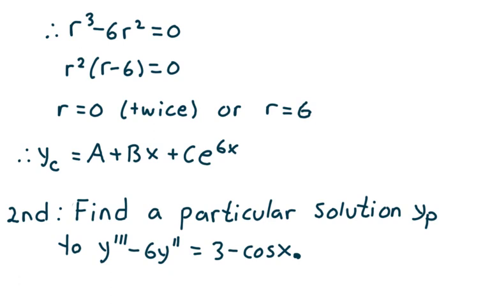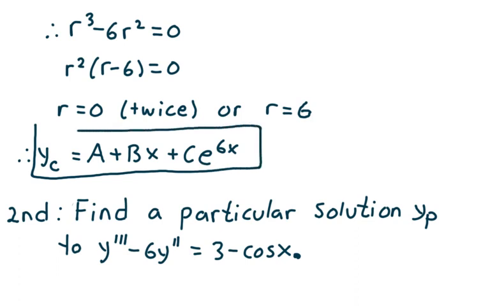So my complementary solution will be y sub c is equal to a plus bx plus ce to the 6x. In the second step, I want to find a particular solution y sub p to y triple prime minus 6y double prime equals 3 minus cosine x.